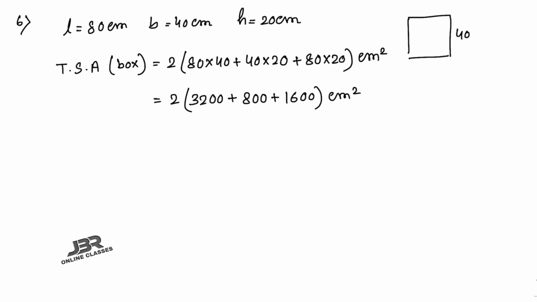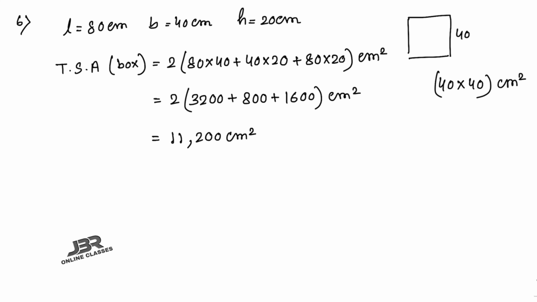So 1600 plus 800 plus 3200 is 5600, into 2, that means 11200 centimeter square. Now the area of the square sheet is 40 into 40 centimeter square.